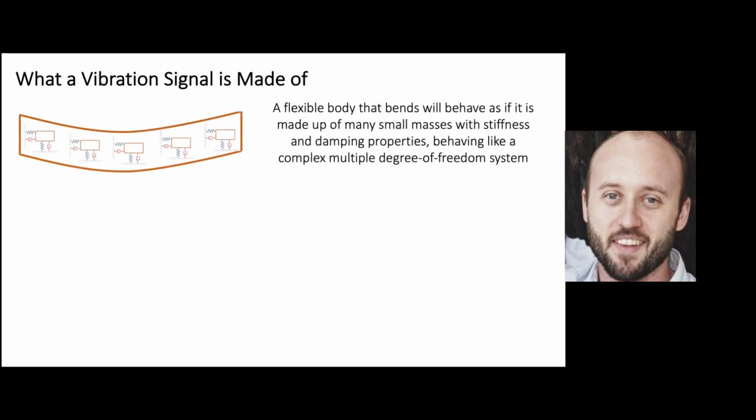So in our complex system, now you can think of it as being made of several different frequency components vibrating at different amplitudes, different frequencies, different damping characteristics. So this is back to our complex multiple degree of freedom system.